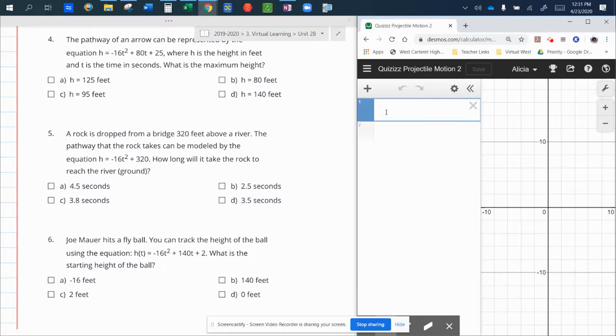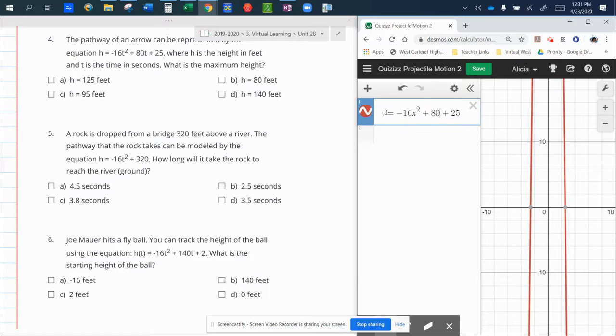I'm going to use X and Y just because that's what we're used to seeing, and I prefer to use X and Y. Y equals negative 16x squared plus 80x plus 25 instead of t.